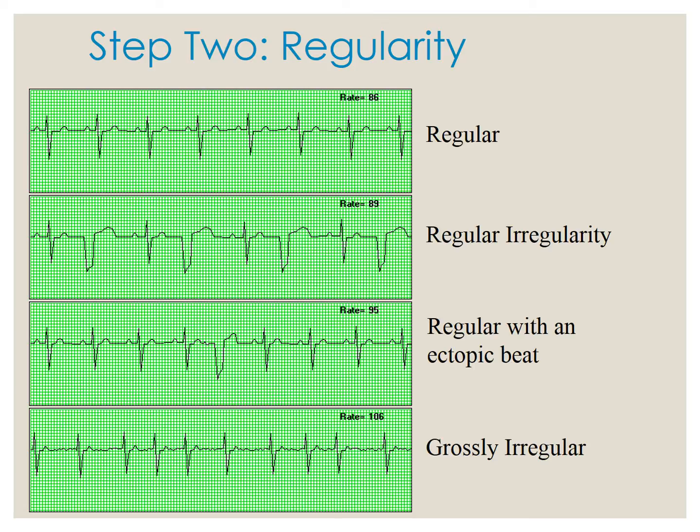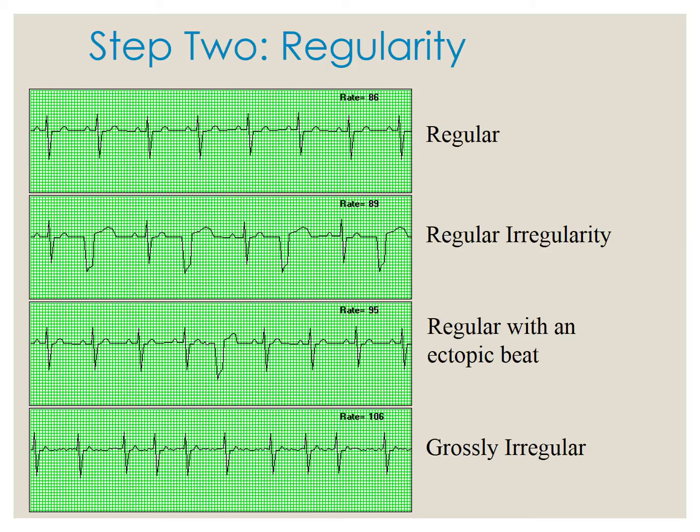The one below that is a regular irregularity. The first one is a normal PQRST complex, and then you'll see a PVC, which is a premature ventricular contraction, and we're going to go over that a little bit further. You'll see one regular beat, then a PVC, one regular beat, then a PVC. But if you march them out, you would see where the P waves would lie, they would still end up being regular, but because there are PVCs in there, it's called a regular irregularity.